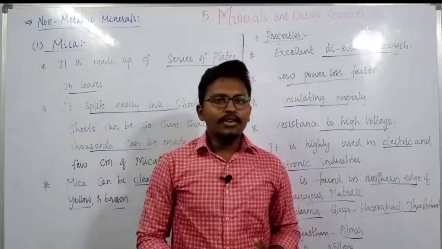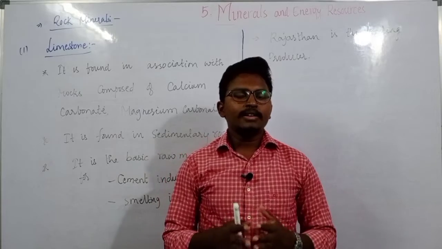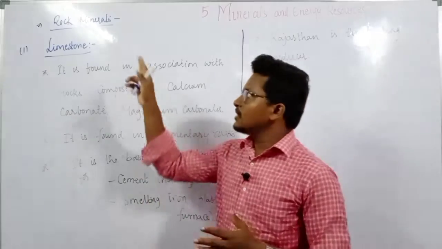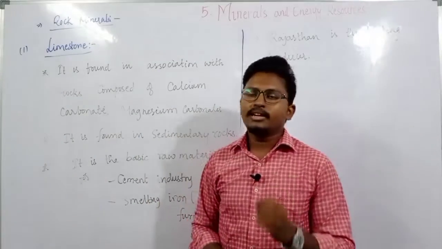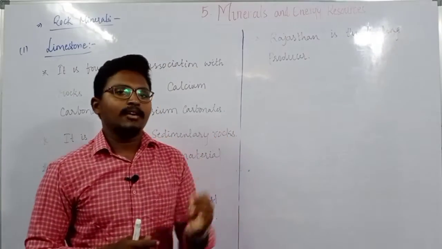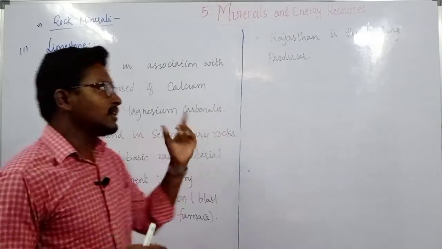Next we will discuss other important minerals such as rock minerals. Let us discuss the other very important minerals, that is rock minerals. In that we will mainly discuss limestone. As you all know, it is a highly essential raw material which is used in different industries. So let us discuss limestone.